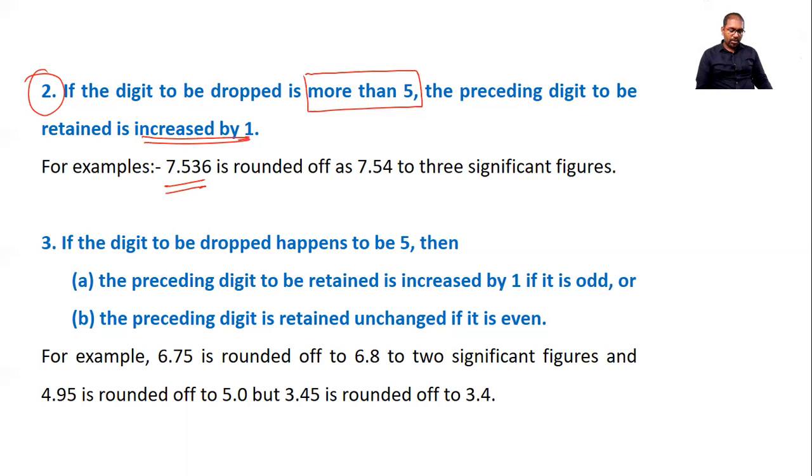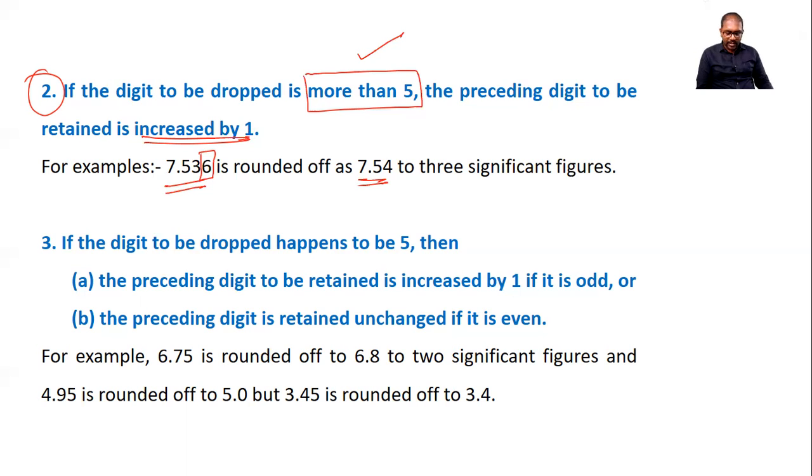Then we have to drop this 6, and this 6 is more than 5. As this 6 is more than 5, the preceding digit 3 we have to increase by 1. So 7.54 is the answer. I hope everyone understood. If the digit we have to drop is more than 5, then the preceding digit we have to increase by 1.